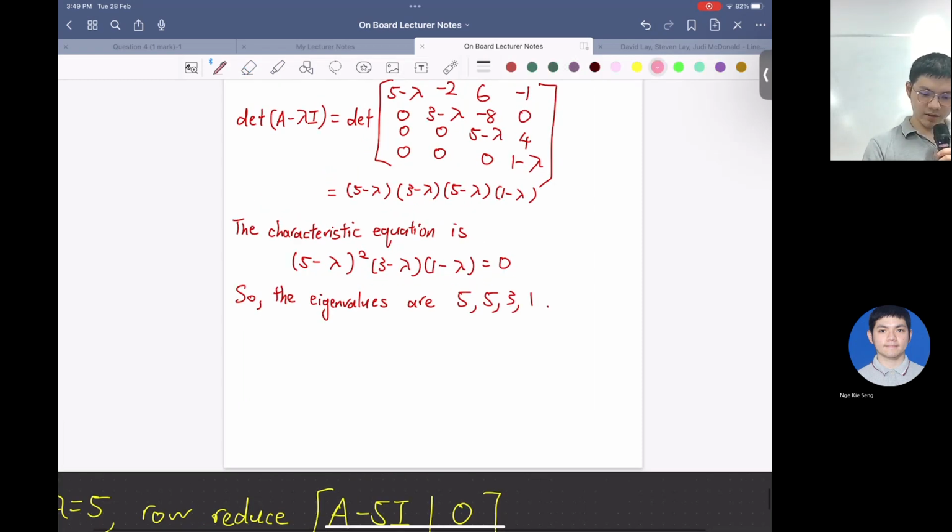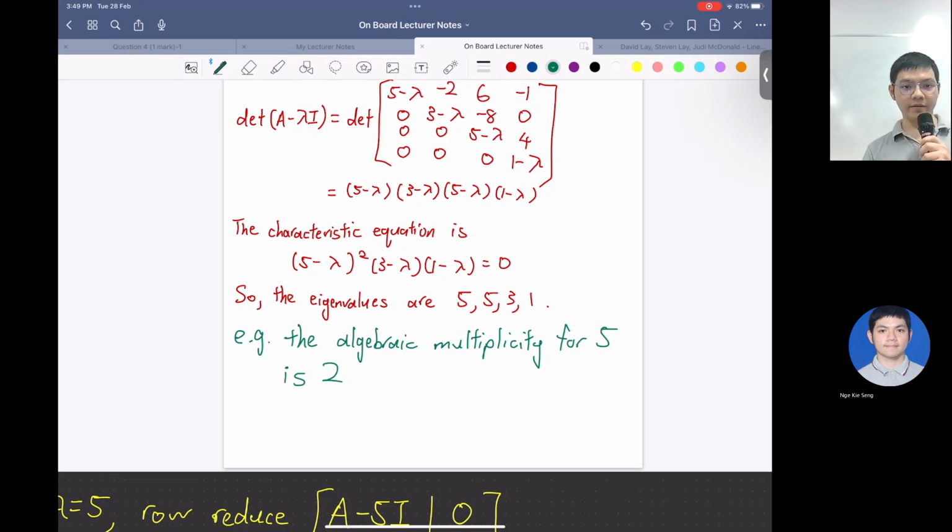So for example, the algebraic multiplicity for 5 is 2.